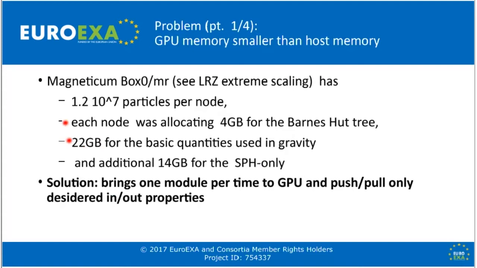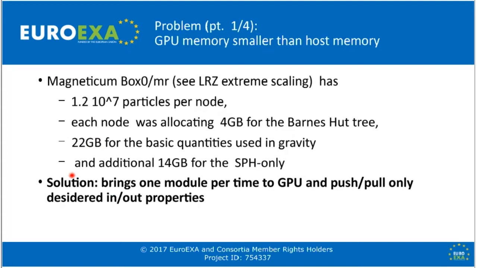If we run one module per time, each module would fit the GPUs. So the solution was that we don't bring all the problem to the GPU, but we bring one physical module per time to the GPU, and every time we copy in and out only the necessary data for that module.